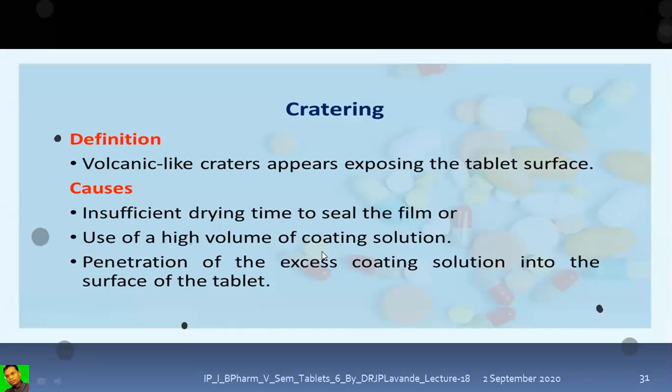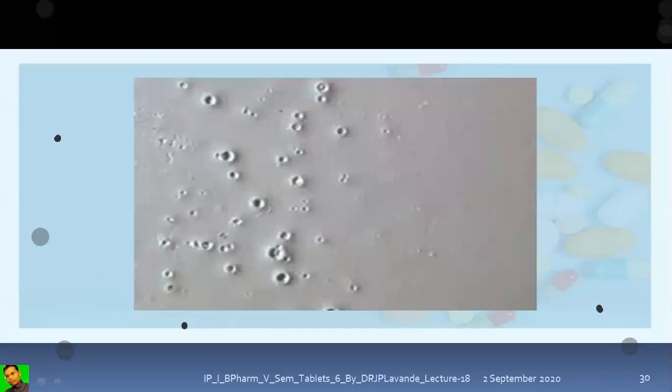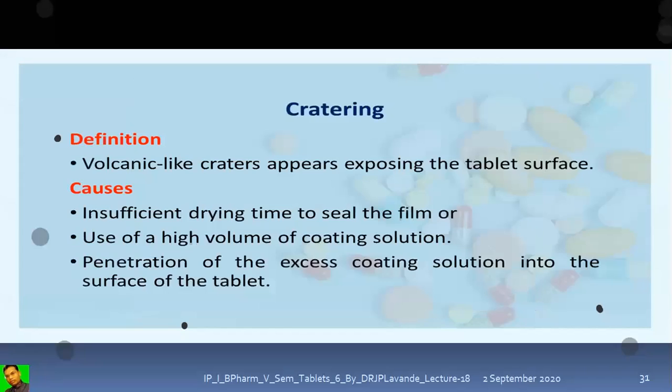Instead of spraying, if we pour the coating solution, then in that case it will also lead to the cratering effect, the cratering defect. Penetration of the excess coating solution into the surface of the tablet. If the solution is entering the surface of the tablet, through its pores, then in that case we are going to find these craters.